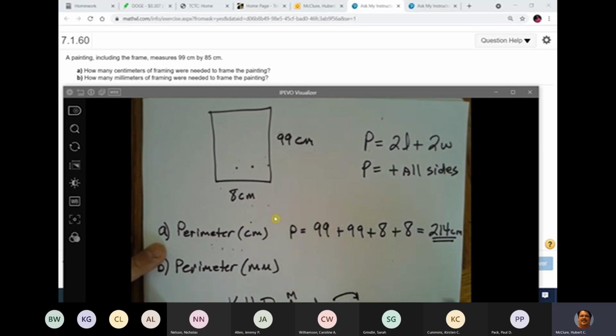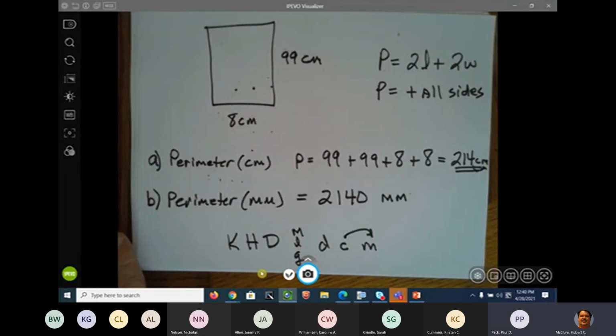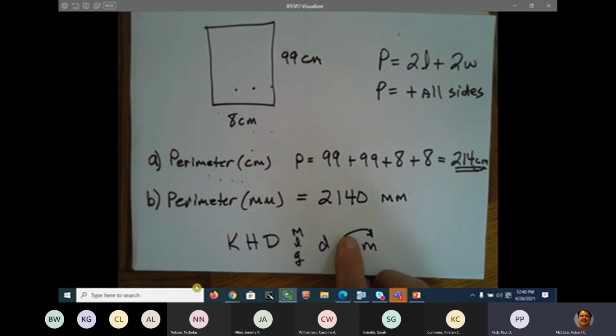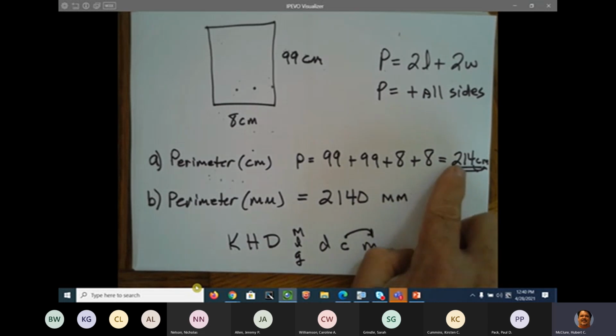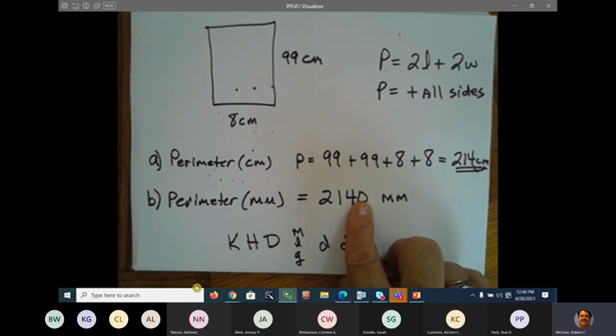I go one place to the right, so 2140 millimeters. Sorry, hold on. So I just went one place to the right to go from centimeters to millimeters, and make it 214 into 2140.